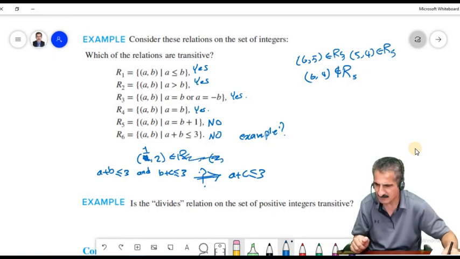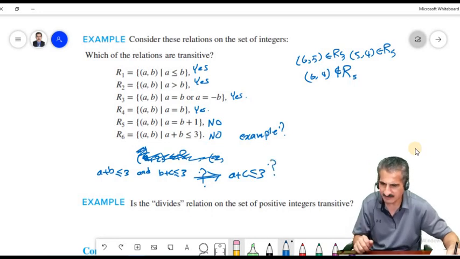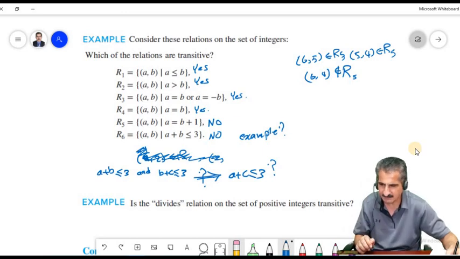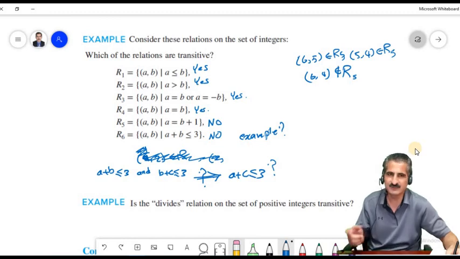So I don't need this now. So think about it. We want transitive: 1, 2, and then 2 something. A, B, and then B, C. So 1, 2, 2, 0, 1, 0. So that does not conflict with transitivity. 1, 0 belongs to the relation, right?